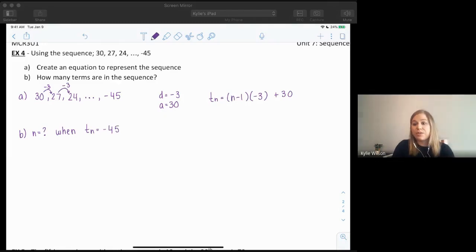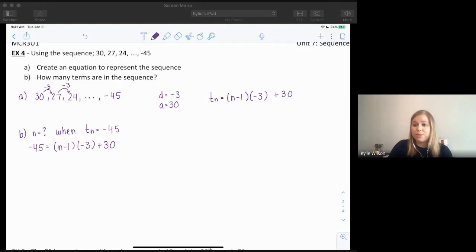If we know the value, we can figure out which term number it was. So I'm just going to sub that into my equation. There we go.